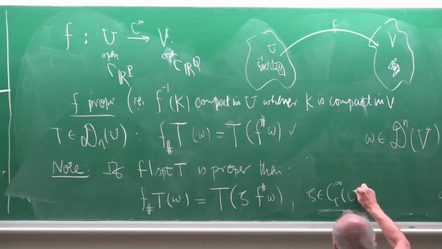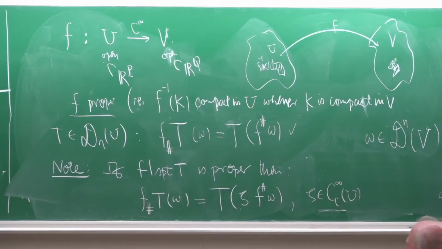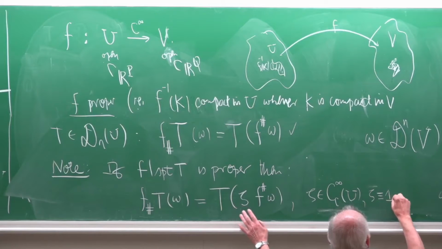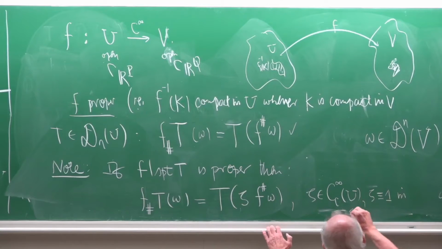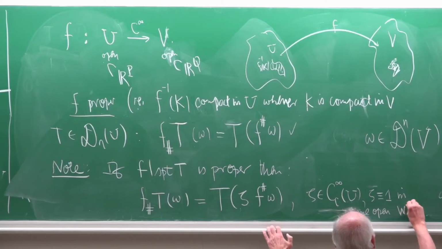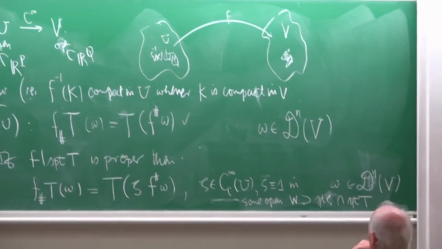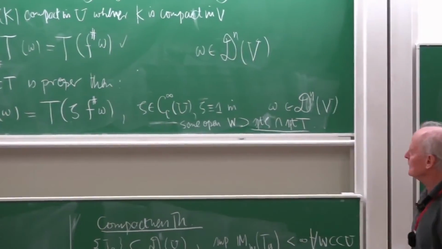So this is a C infinity function with compact support in U, and zeta identically equal to 1 in some open set W, which contains the compact set, support zeta rather, intersect support T. Notice that's a compact set, of course, no question.